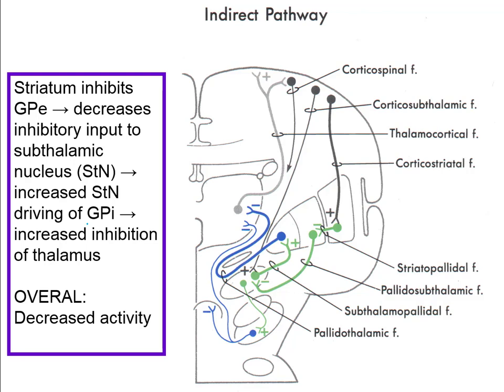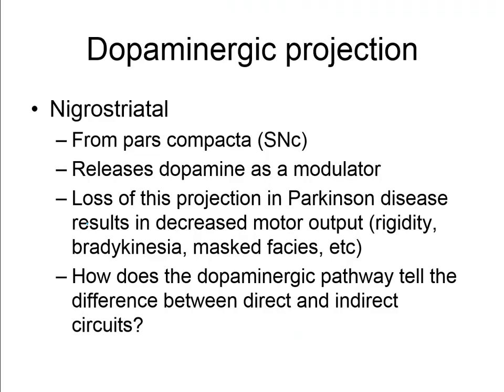But now the question is, how do you balance these? And this is the role of dopamine from the nigra. Okay? So the nigrostriatal pathway is going to tune between direct and indirect. So you've now got a very fine balance, based on how much those neurons fire, as to which way you are tilted. Are you more towards the indirect and low activity, or more towards the direct and more activity?